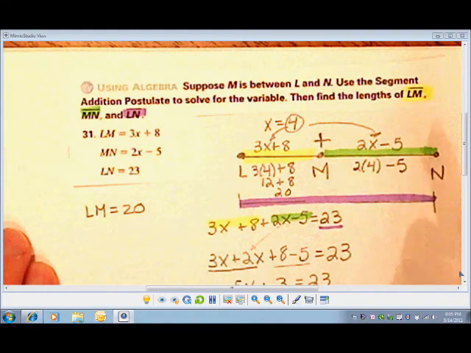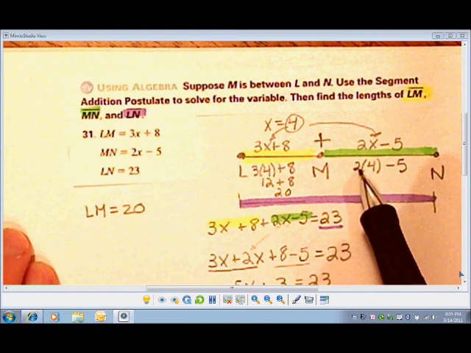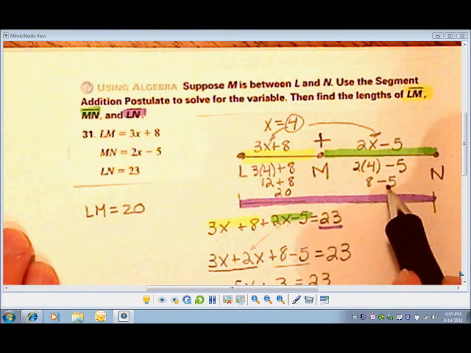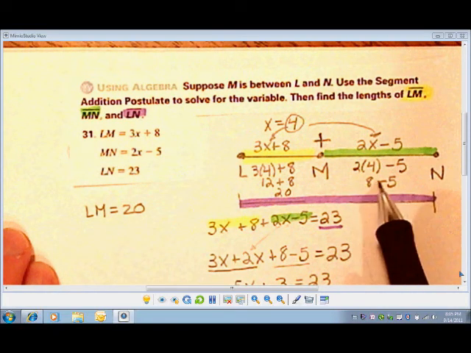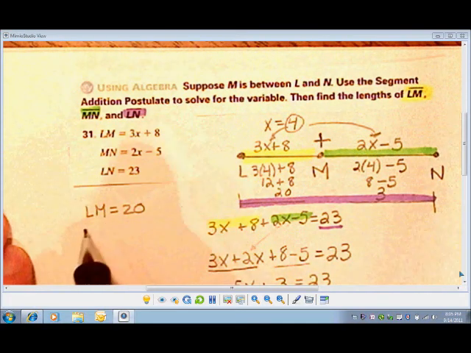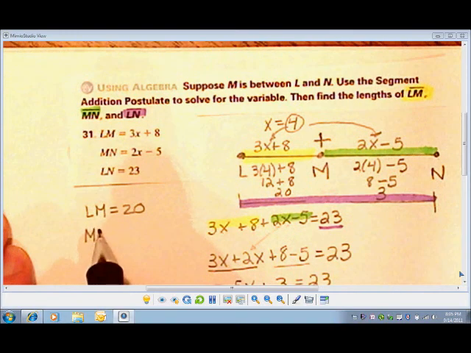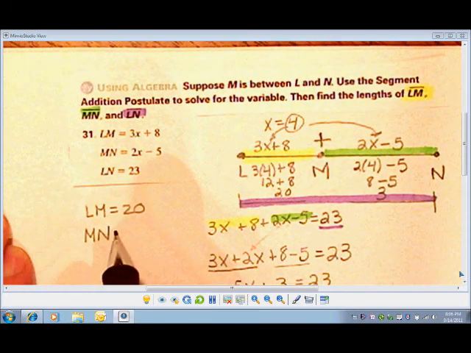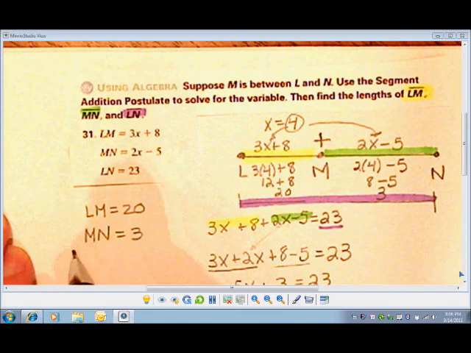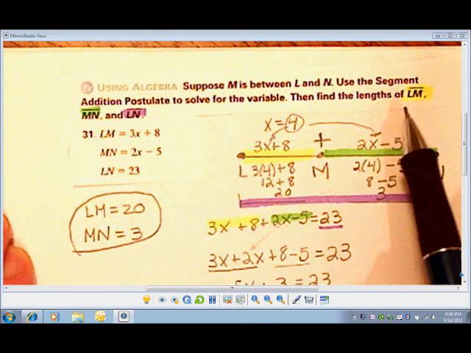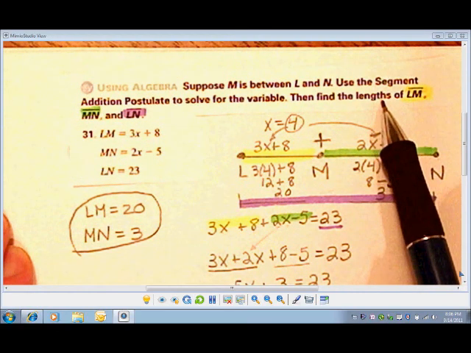Well, let's see if that's so. 2 times 4 is 8 minus 5 is 3, and that's exactly right. So MN, the distance between M and N, is 3. That is my answer, because that's what the question was asking for.